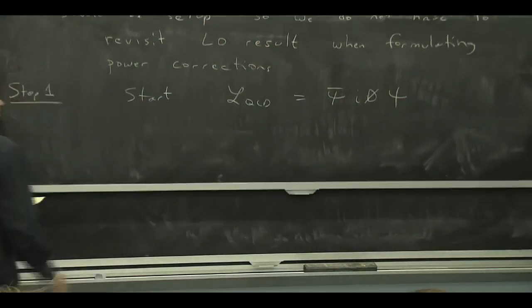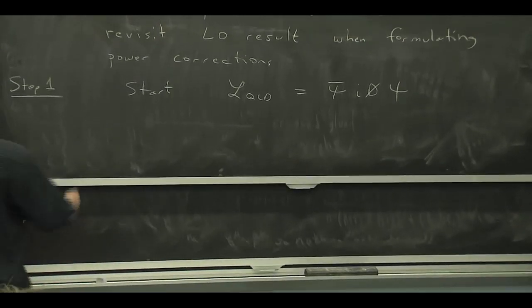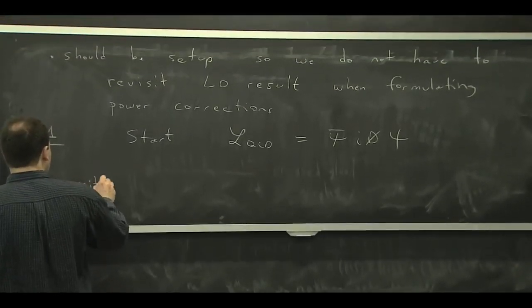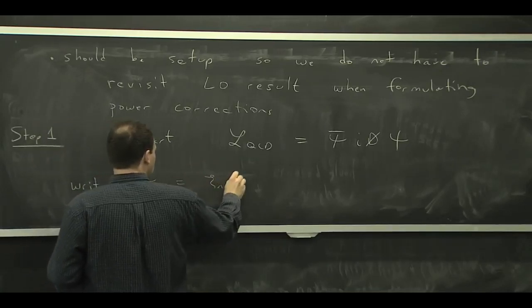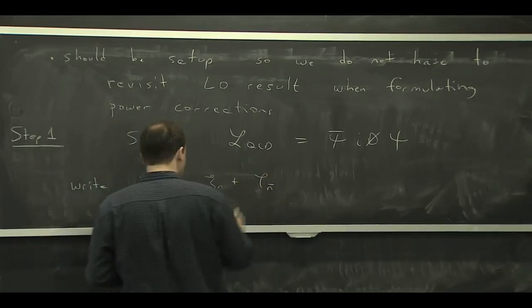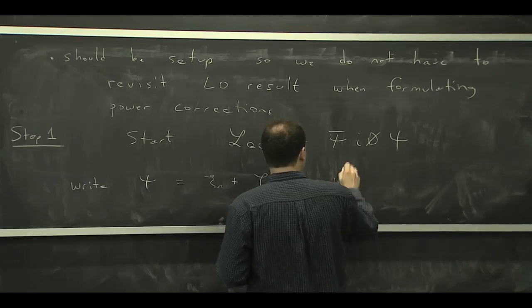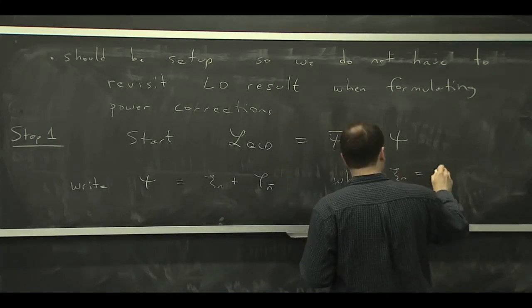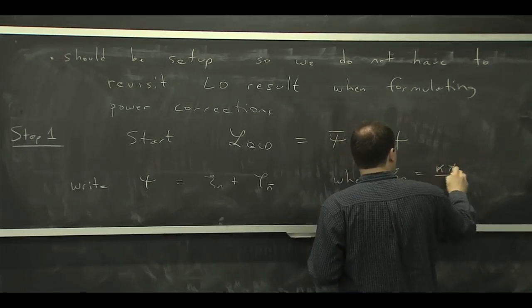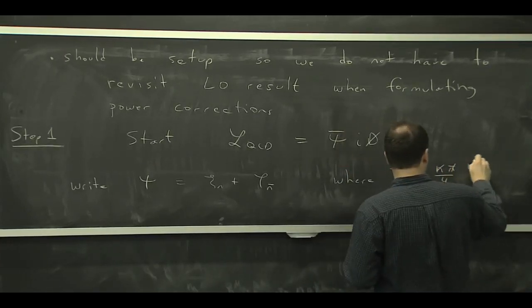So let's start with psi bar iD slash psi. And let's write psi in terms of two fields. And this goes back to our discussion when we were talking about spinors.